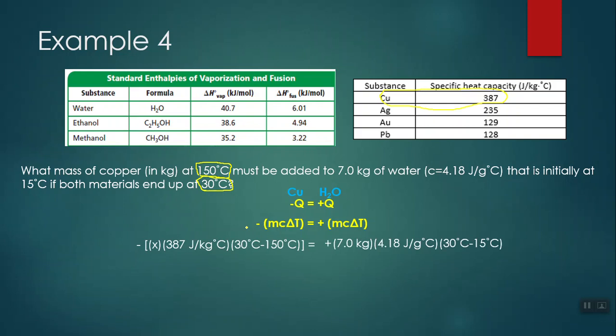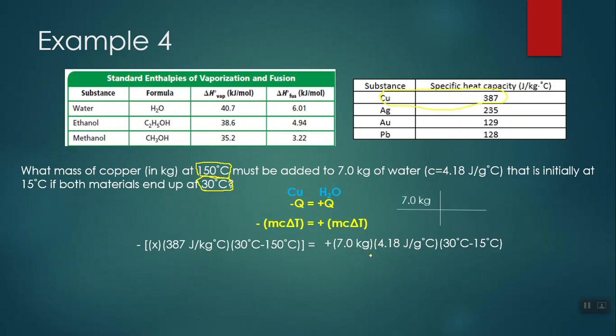Okay? Now, before we even try to solve, let's make sure our units will cancel out. On the left side, for now, it'll cancel out. On the right side, will it cancel out? No. If you look here, there's kilograms and grams. So we want to go ahead and convert the kilograms before we try to solve this problem.